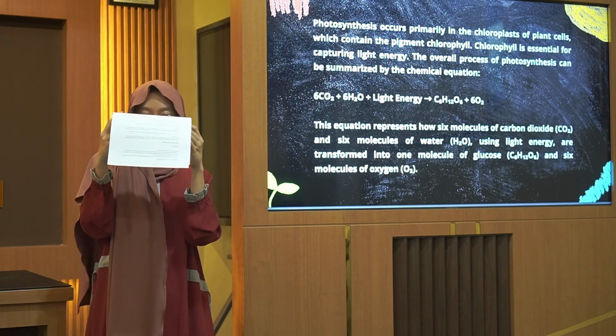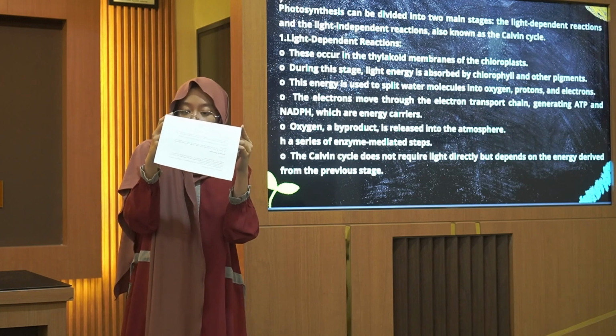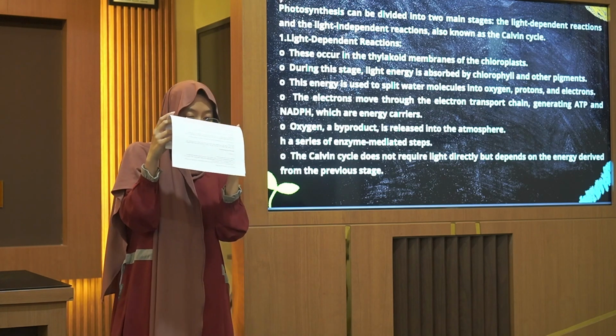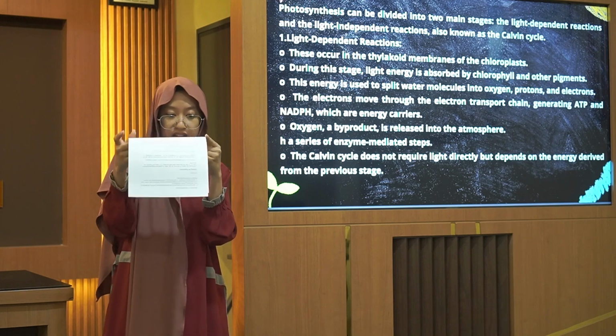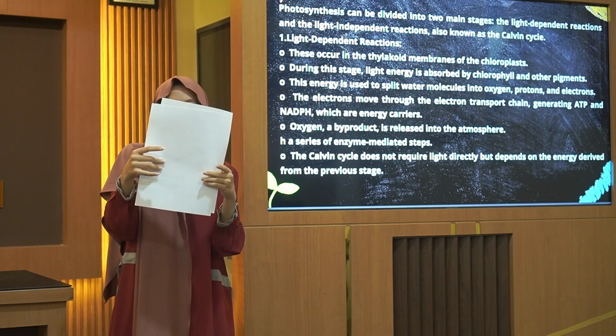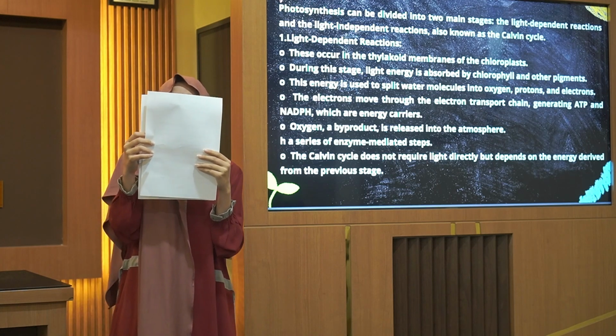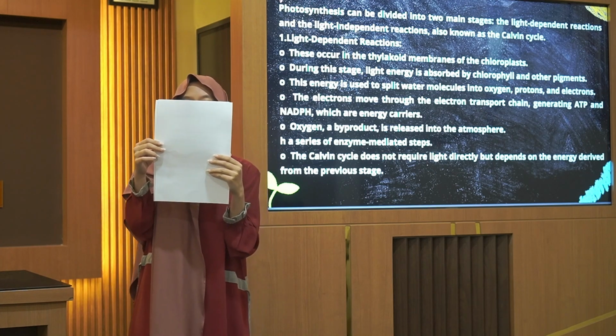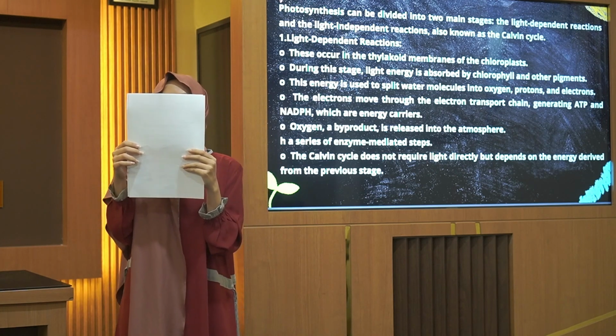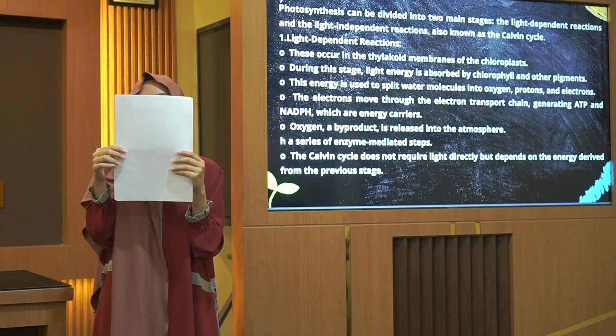Photosynthesis can be divided into two main stages, the light-dependent reaction and the light-independent reaction, also known as the Calvin cycle. Light-dependent reaction. This occurs in the thylakoid membranes of the chloroplast. During this stage, light energy is absorbed by chlorophyll and other pigments.